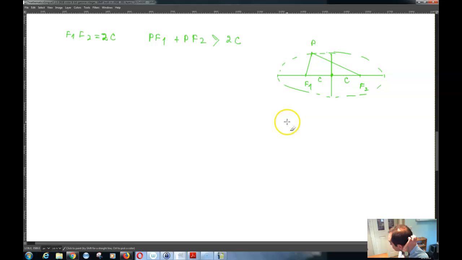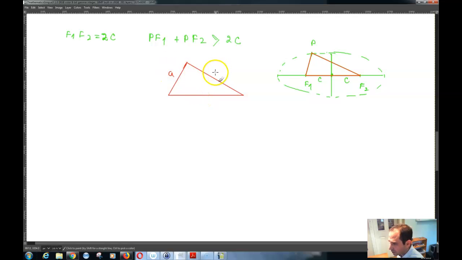And of course you can see it over here as well. It's easy to see, because you have a triangle over here, and in any triangle that you draw, the sum of any two sides is always greater than the third side.